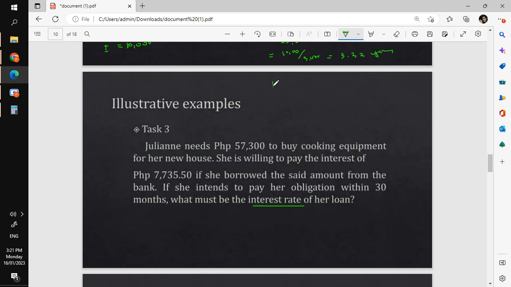So we are looking for the rate of this particular problem. The principal amount is given by 57,300. The time we have in here is within 30 months. So this is given in months. We have to divide this by 12 since the standard is in years.